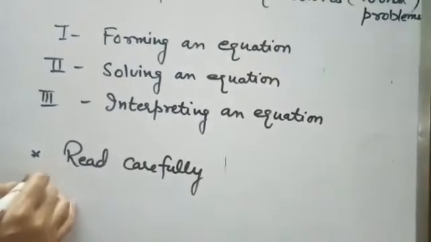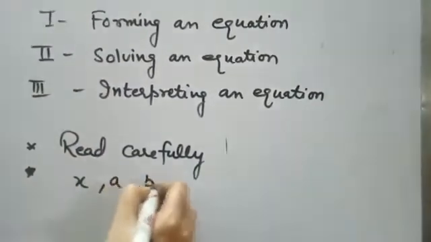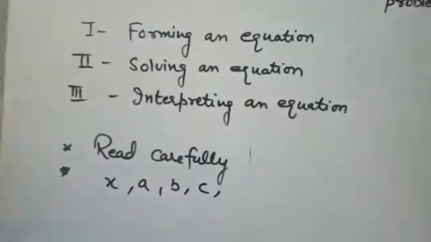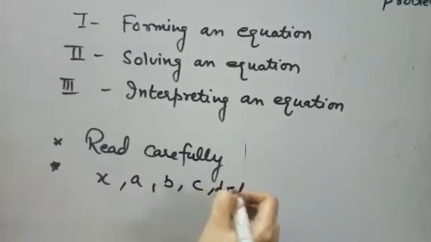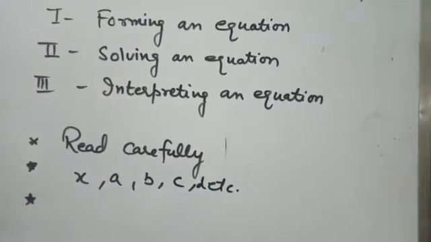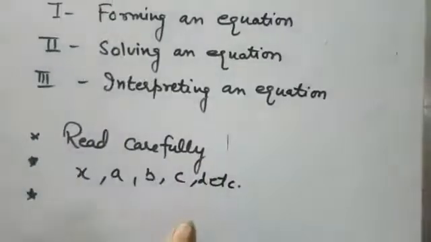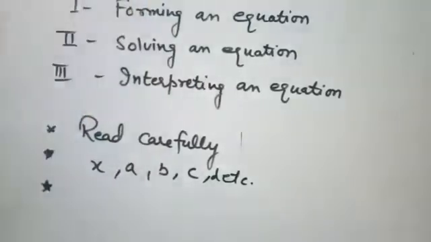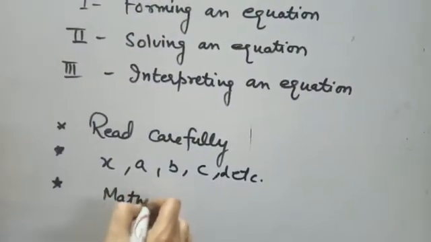The second step, always denote the unknown quantity by x, a, b, c, y, any small letter of the alphabet. It's your wish, any variable you can use. Translate the statement of the given word problem step by step into a mathematical statement, that means forming an equation.